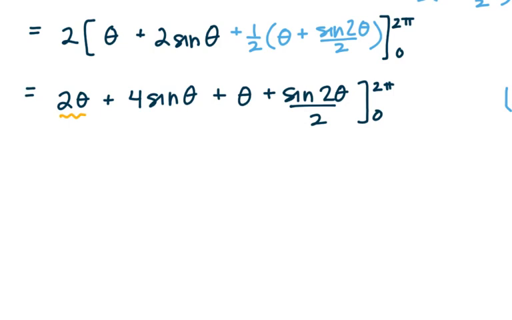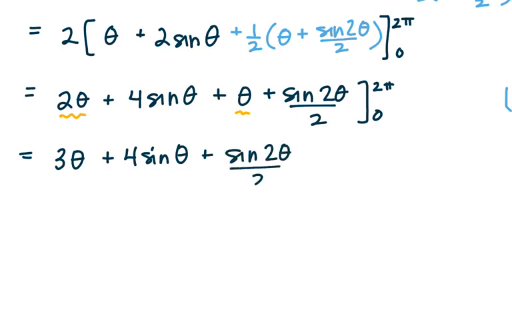And of course, 2 theta and theta, that gives me 3 theta plus 4 sine theta plus sine 2 theta over 2, evaluated from 0 to 2 pi.